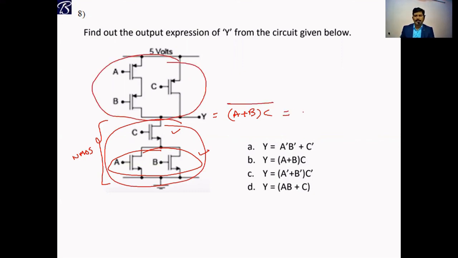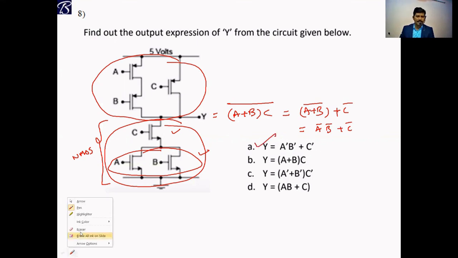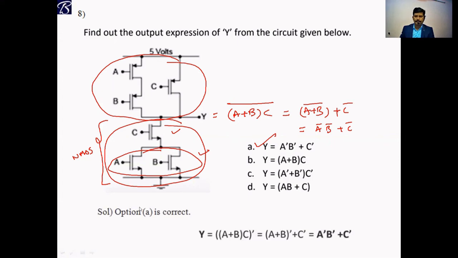This equals, applying De Morgan's theorem, A plus B whole bar into C, plus C bar. Once again, you apply De Morgan's theorem here: A bar into B bar plus C bar. So option A is correct. Let us check the answer. Yeah, option A is correct.